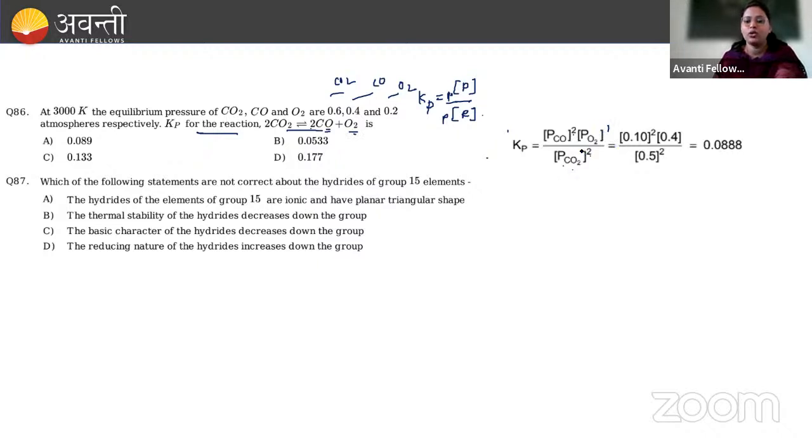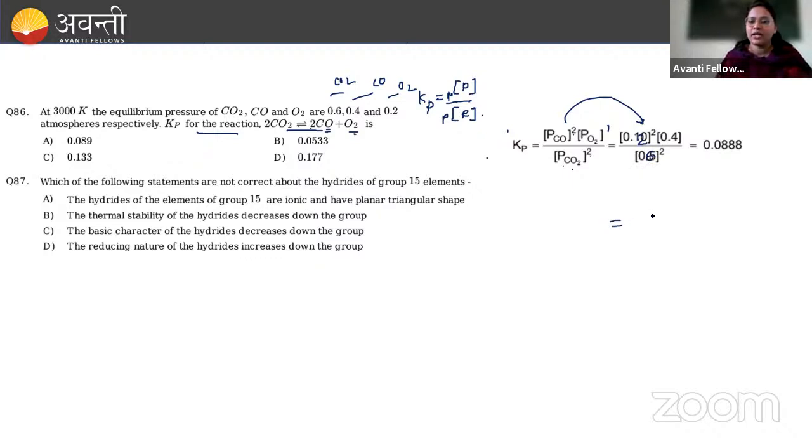CO2 कितने मोल है, 2 मोल. जो भी प्रेशर है उनका वो आप पुट कीजिए. CO2 का कितना प्रेशर है 0.6. ठीक है, CO2 का कितना है 0.6. देन इसका कितना है 0.4 और इसका कितना है 0.4 एंड इसका है 0.6. तो यहाँ पे हमारा कैलकुलेशन हो जाएगा 0.4 squared multiplied by 0.2 divided by 0.6 squared.